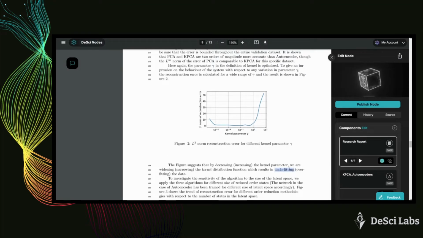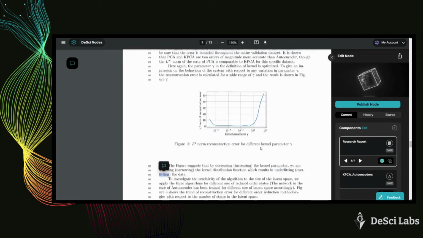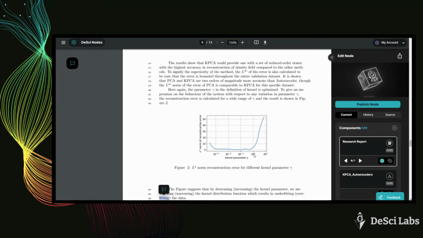Here, when we go in this direction, we are kind of overfitting because we take the information only from points very close to the original point. So maybe in the training data we are minimizing the error, but for the validation data, the error gets higher and higher.